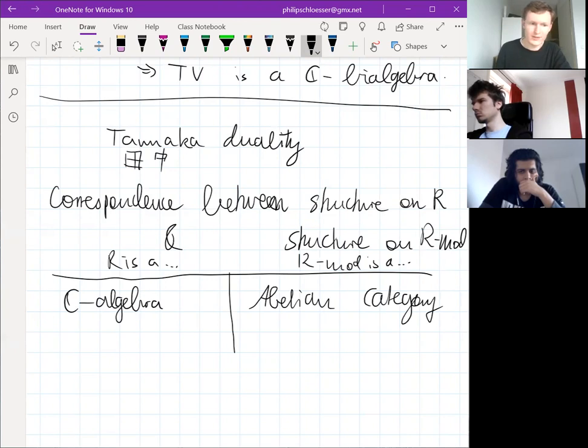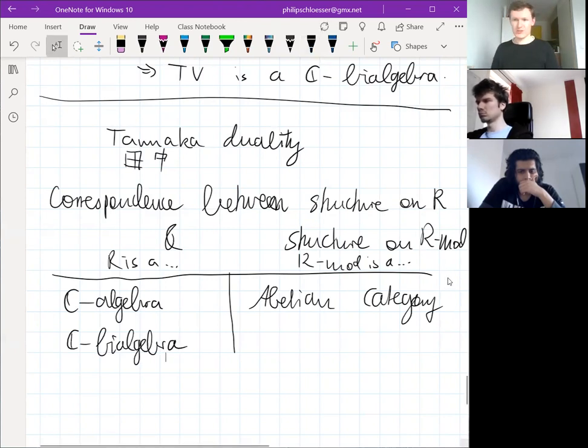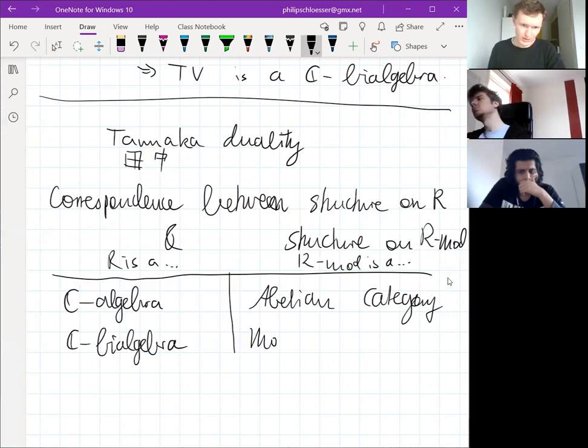Then if R is a C bialgebra, so if we have co-multiplication and co-unit, then we can also take tensor products and have trivial tensor products, meaning that this is a monoidal category.